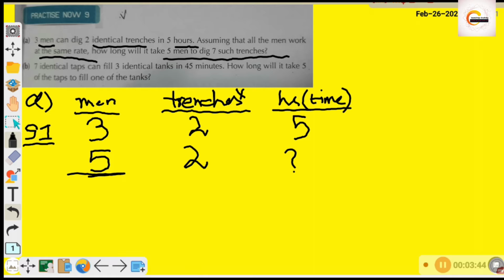Yes, if 3 men are working to dig 2 trenches, they will take more time to dig the trenches as compared to 5 men. 5 men will take less time to dig 2 trenches.